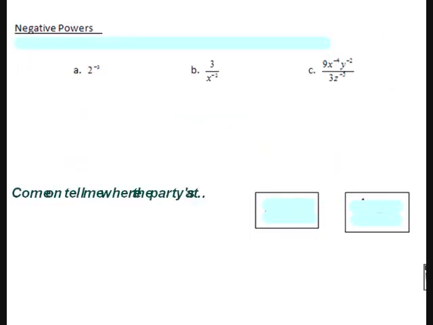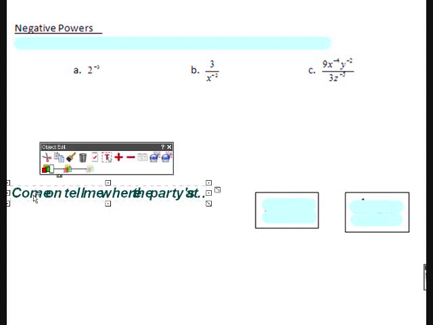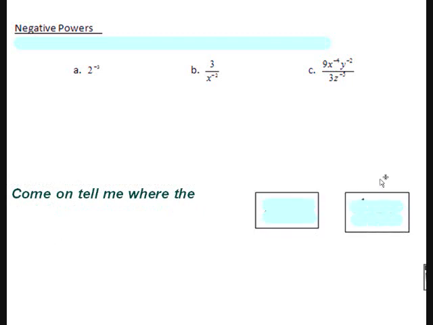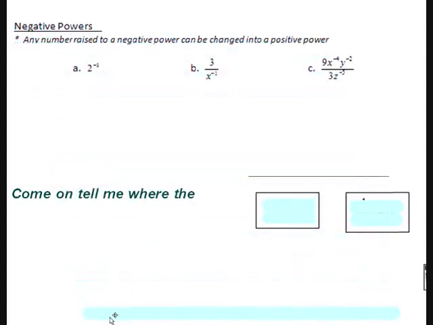So we've got negative powers and the 0 exponent. With negative powers, any number raised to a negative power can be changed into a positive power.